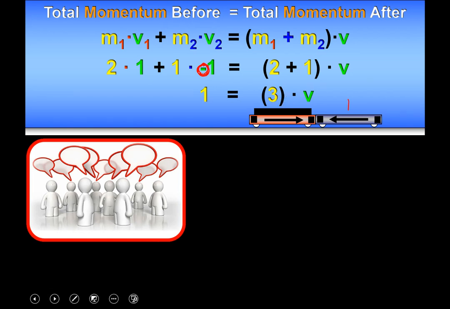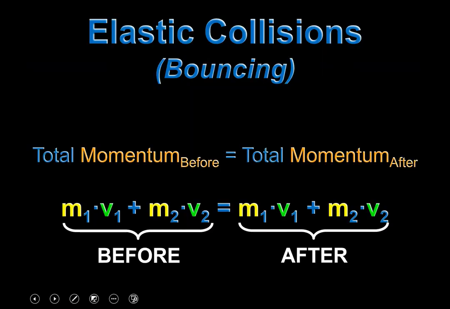So your velocity is still 1/3, but it's 1/3 in the positive direction. And the reason it's 1/3 in the positive direction, again, you have big guy versus small guy. Big guy's going to win most of the time in a pushing contest.